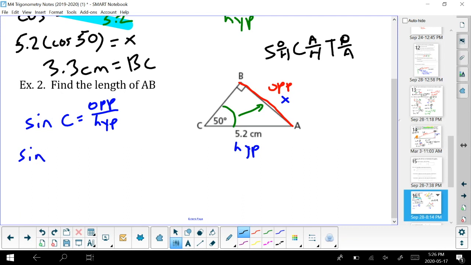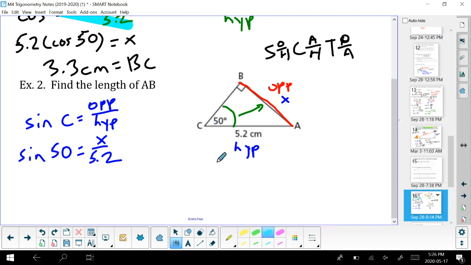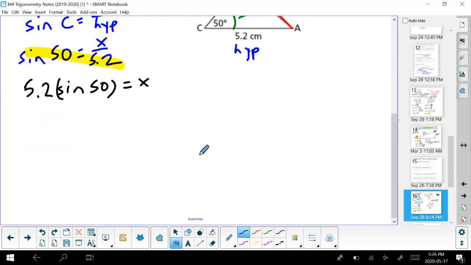So sine, and we know what angle C is, sine of 50 is equal to my opposite side, which is x, divided by my hypotenuse, which is 5.2. So I'm going to multiply both sides by 5.2. So I get 5.2 times the sine of 50 is equal to x.